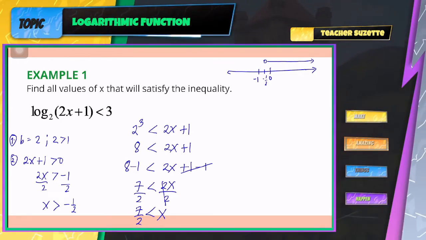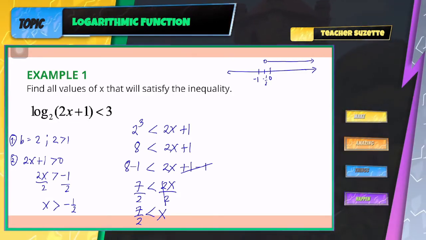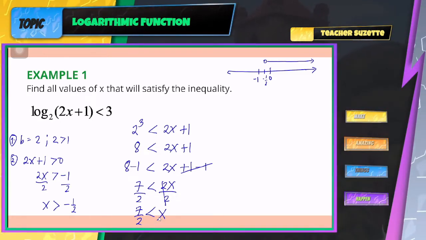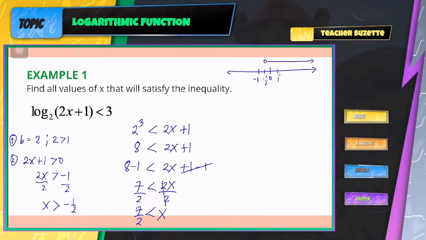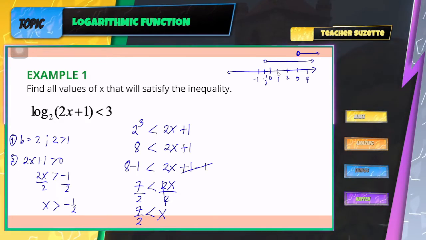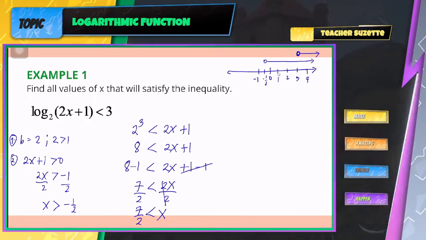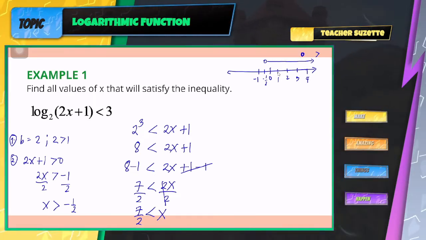So, if we are going to visualize it using our number line kanina, so dito, sa taas, corner natin, if we have x is greater than 7 halves or 3.5, so that is 1, 2, 3, 4. So, ang ating solution daw is from 3.5 to our positive infinity.